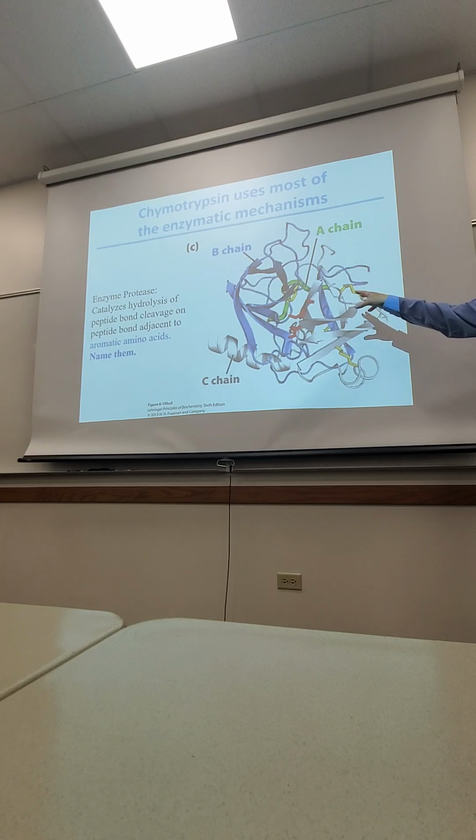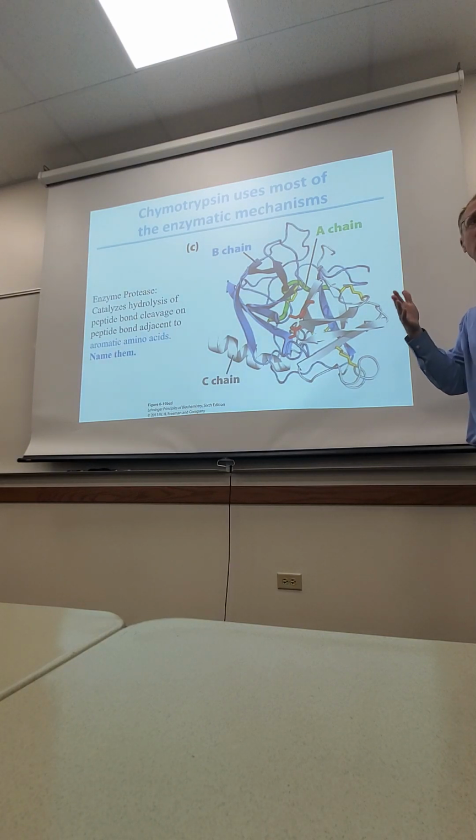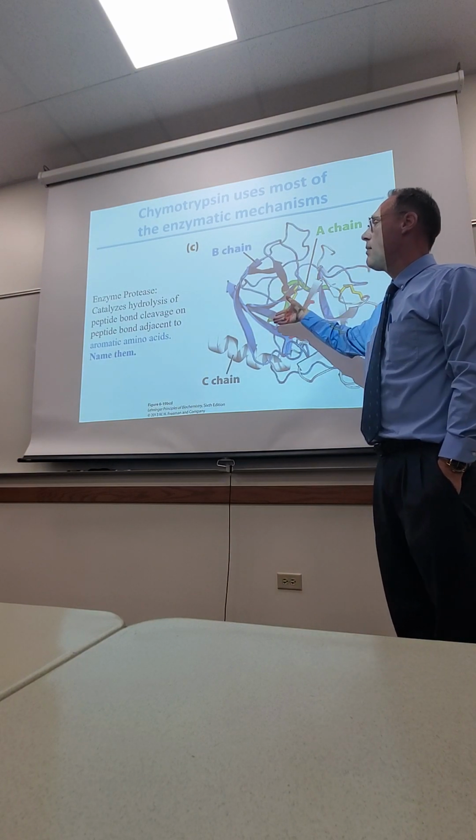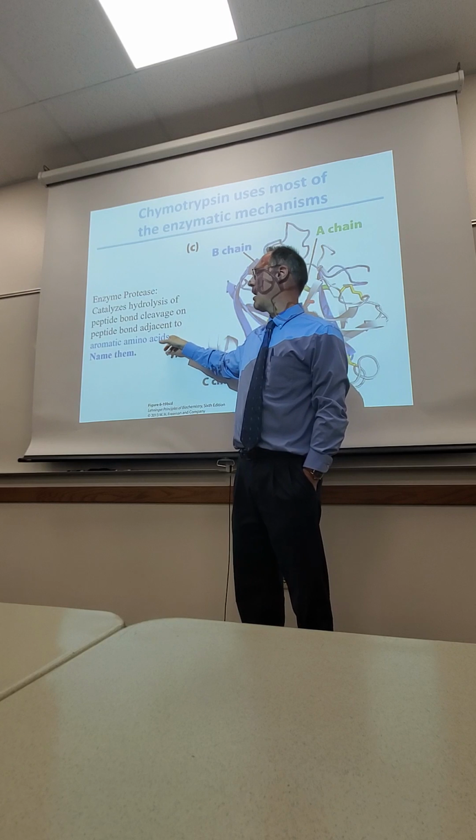It's a protease. A protease is an enzyme that chops up what? Proteins, okay? So chymotrypsin lives in your lower digestive tract, and it's activated by trypsin, which also lives there. It reacts with aromatic amino acids.